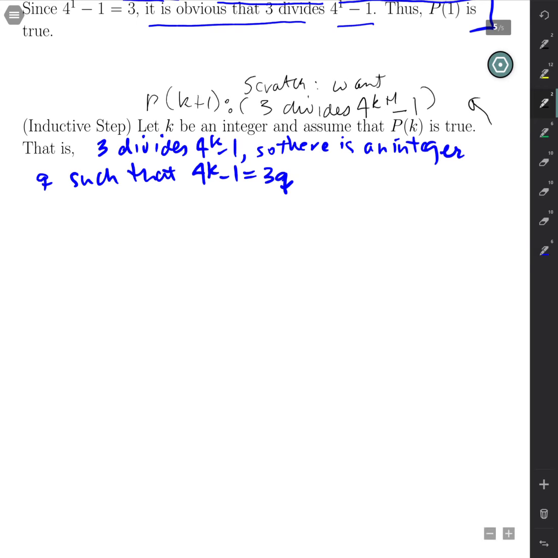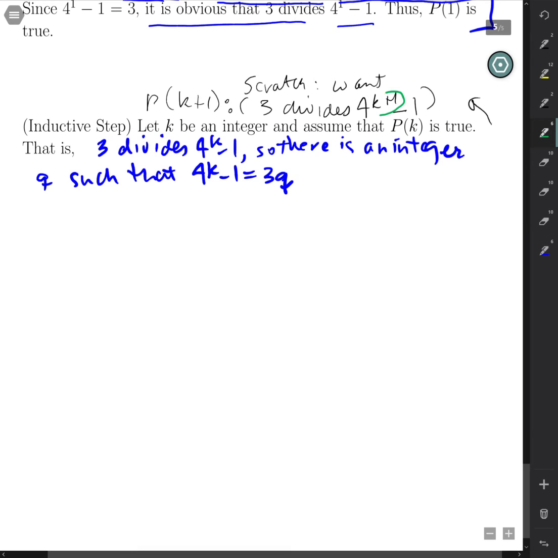So here's the thing. If we look at what we have right here, there is probably a way that we can get a hold of the 4 to the k plus 1 from it. Let's do that. This says 4 to the k is equal to 3 times q plus 1, adding the 1 to both sides.